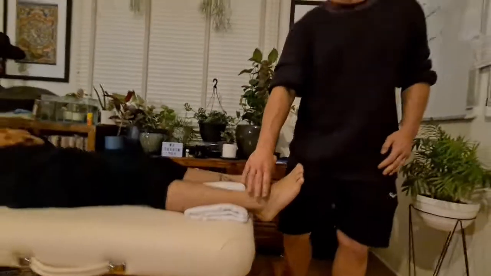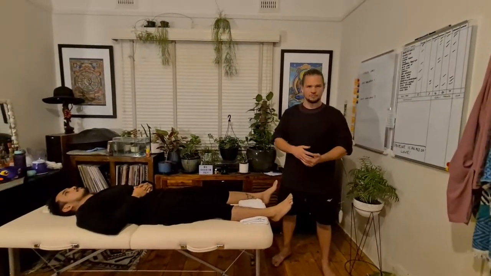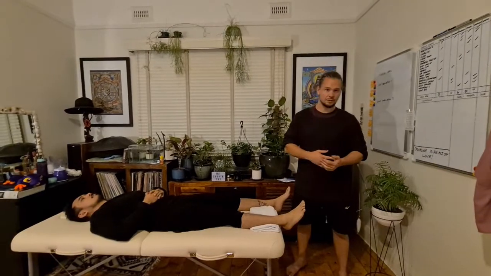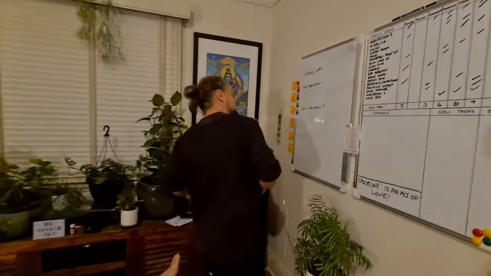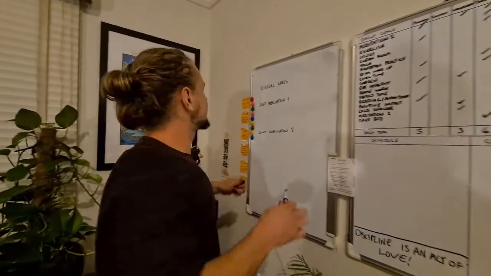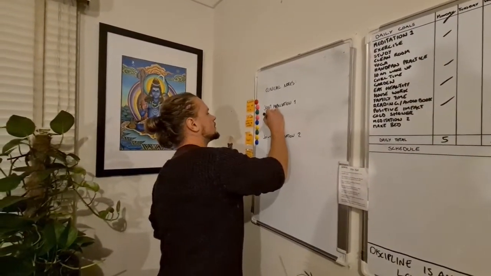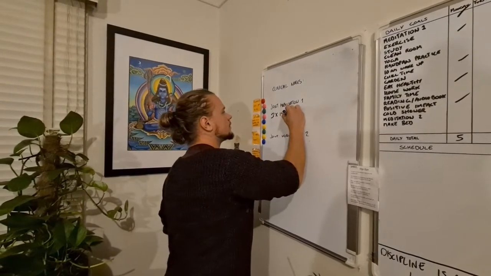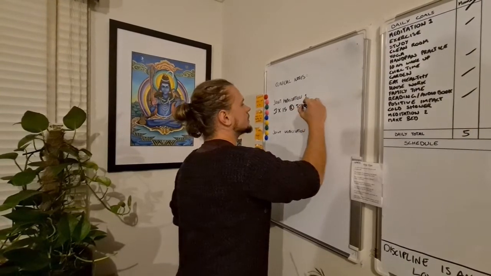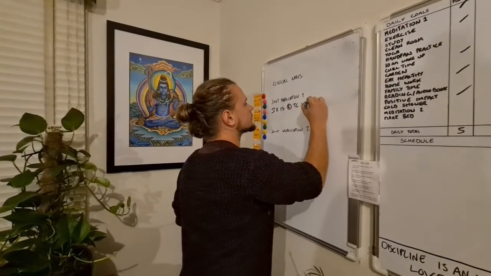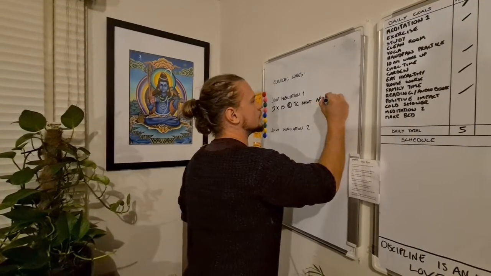Alright, so that's our techniques that we've applied. So hopefully that's going to increase the mobility, both the talocrural and the subtalar joint. Lastly, we just need to write our clinical notes. So first of all, we're going to do 3 by 15, the right hand side of the talocrural joint. And it was an AP glide that we did.